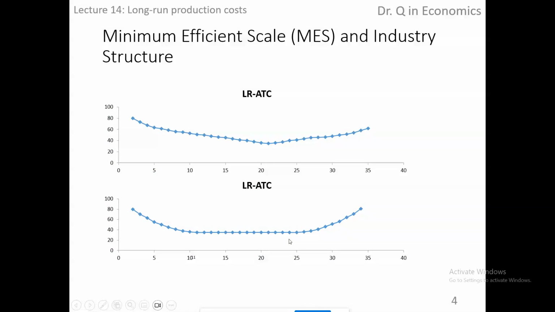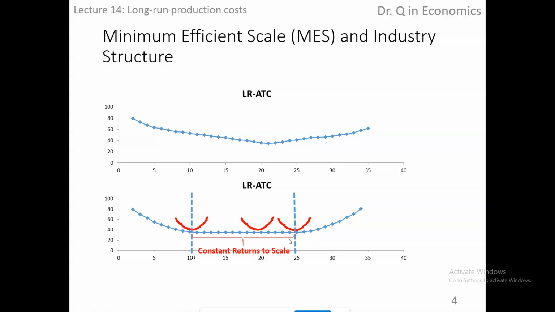The business producing at output of 11 shares the same minimum average cost with a business producing at output of 22 or 24. If firm size changes, the minimum average cost does not change. The firm enjoys constant returns to scale.